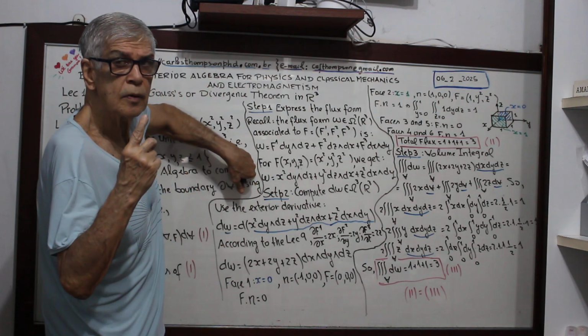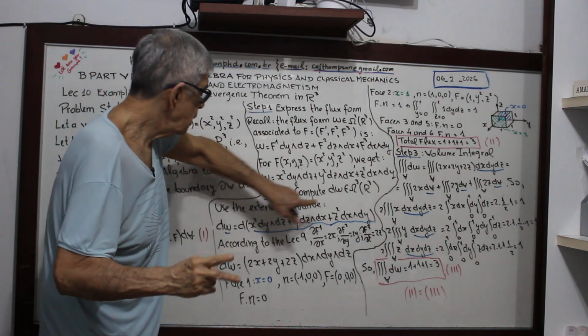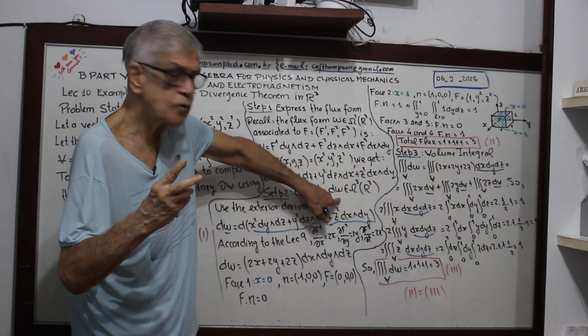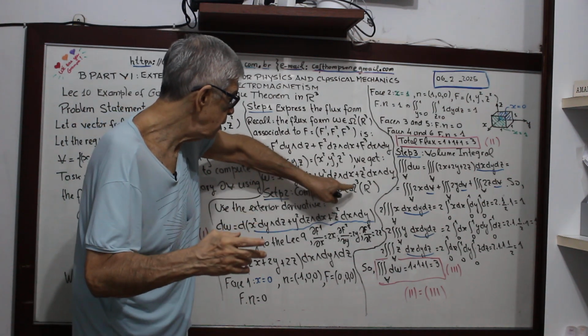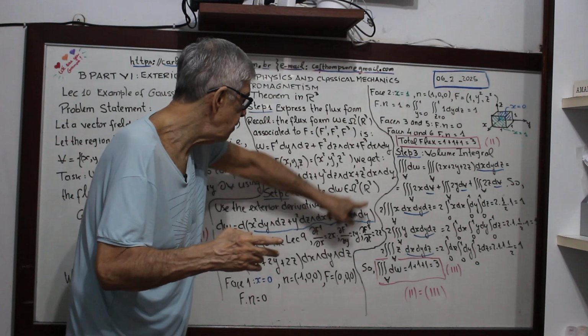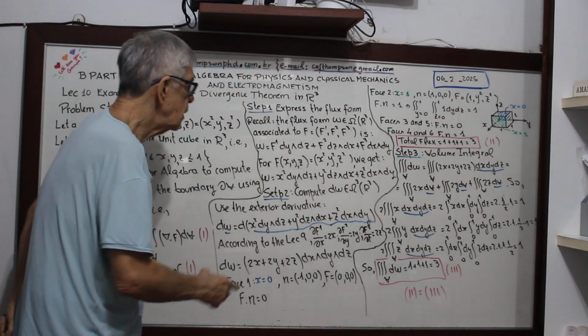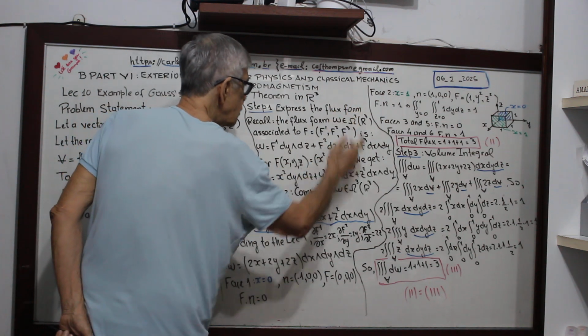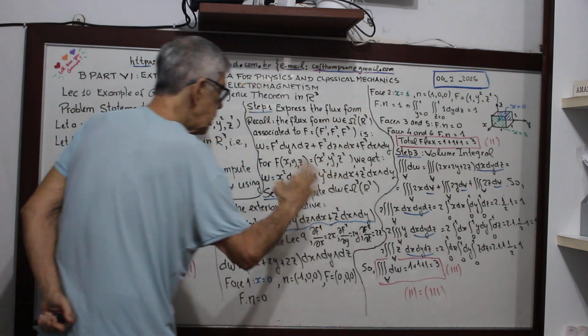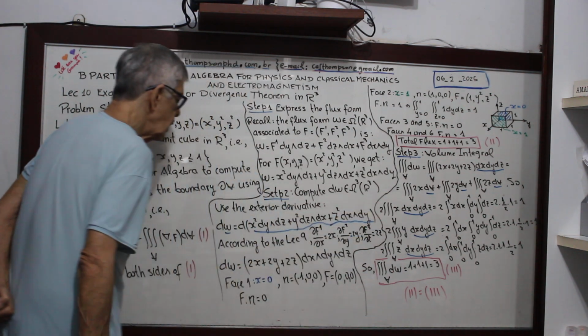Omega is a 2-form, so d omega belongs to the 3-forms. Both the 2-forms and the 3-forms are embedded in R3.